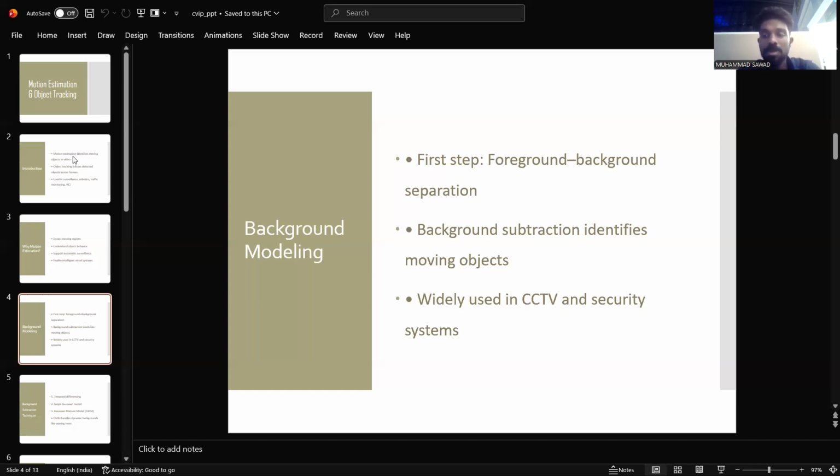By modeling what the scene normally looks like, we can detect when something changes, such as a person entering a room or a vehicle passing by. So by subtracting the background, we are able to find each object or person that is moving in a video or in the frames.